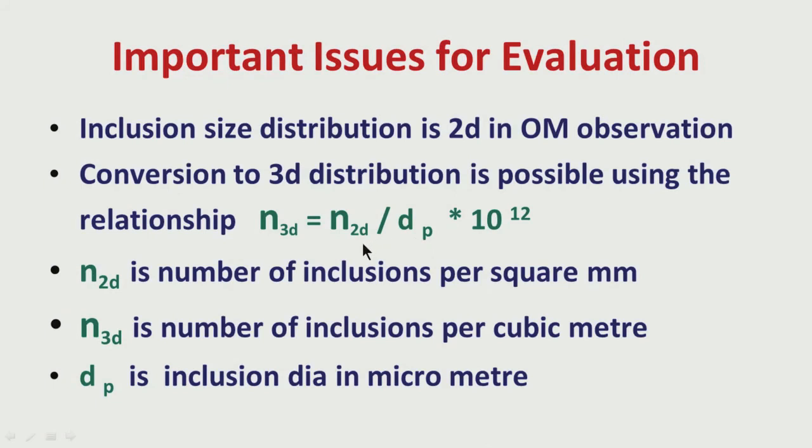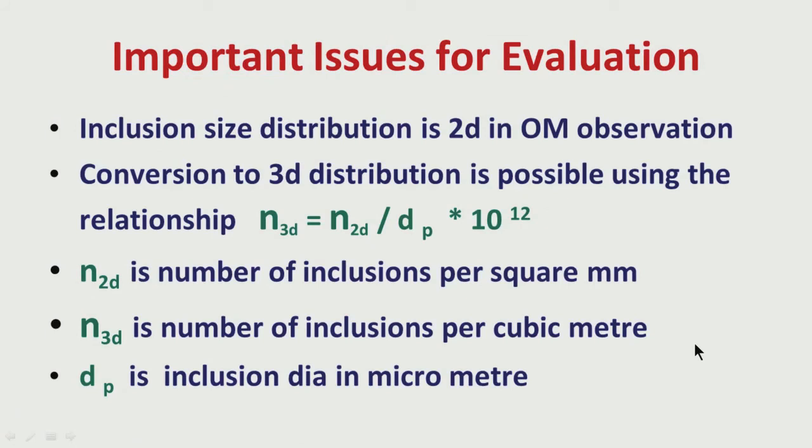We divide N2D by this and multiply by 10 to the 12, and we get the number of inclusions of this average diameter in a sample volume. This is square micrometer, not millimeter. Okay. So, by this way we know the three-dimensional figures, which are more realistic.